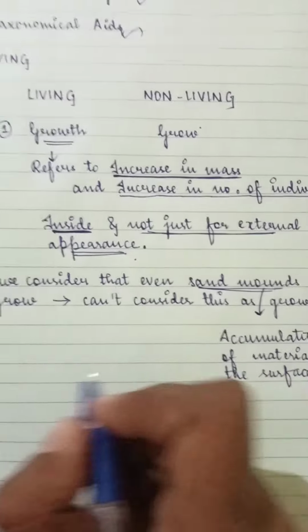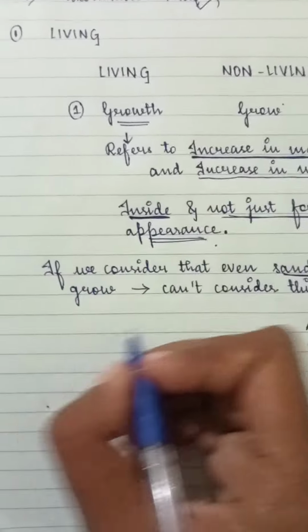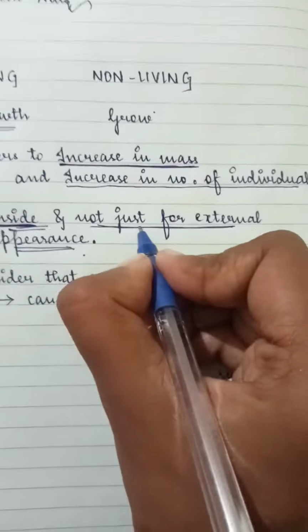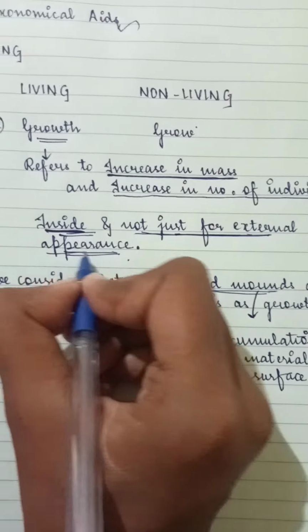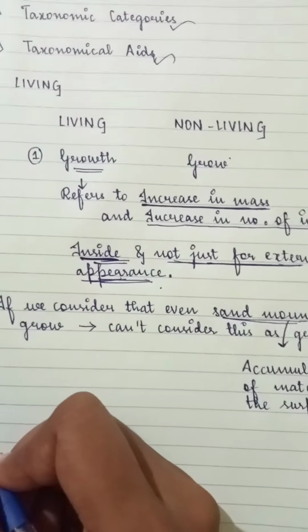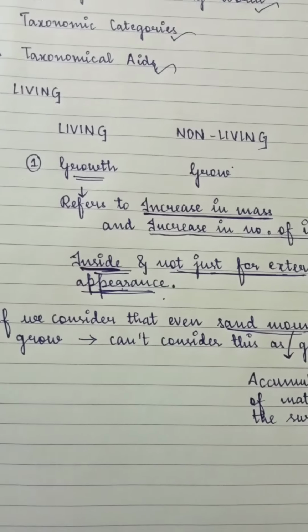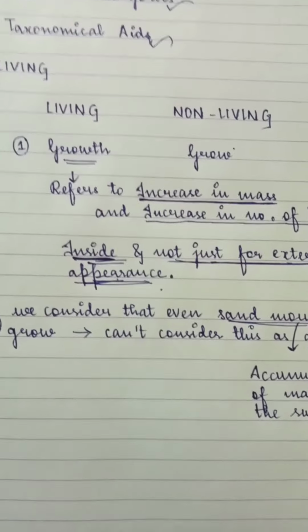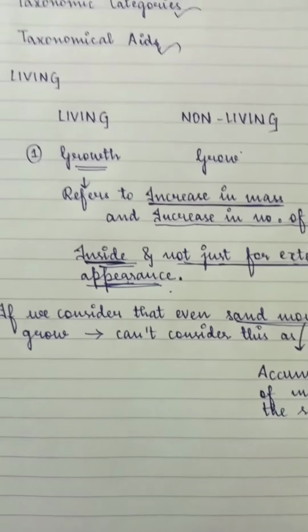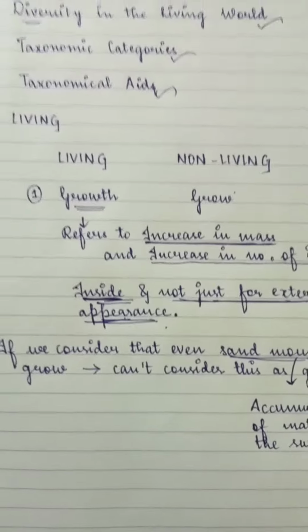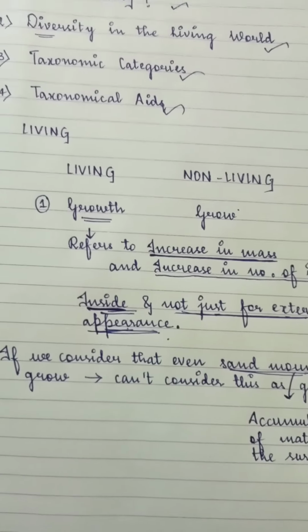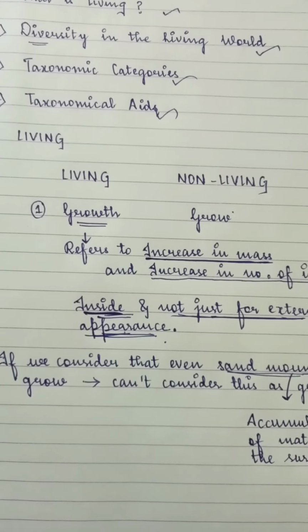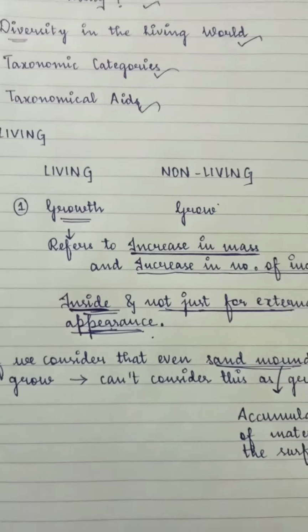So, as I said, we can say that growth is always from inside and not just for external appearance. And as we are going to see what are the differences between living and non-living, side by side we would be considering what are the defining characteristics of living organisms and living systems as well.